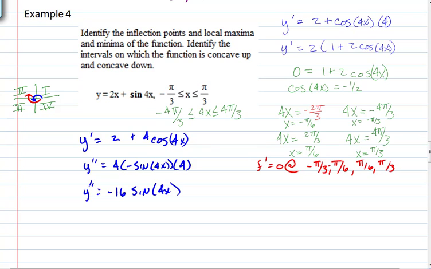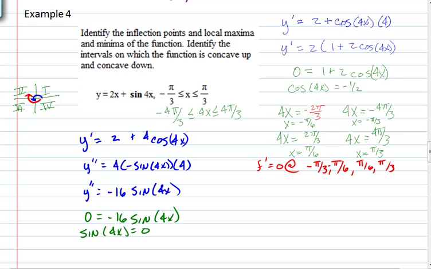To find the possible points of inflection, we set the second derivative equal to 0. When I set this second derivative equal to 0, all I've got to do is find where sine 4x is equal to 0, because if I divide both sides by negative 16, I end up with sine 4x equals 0.